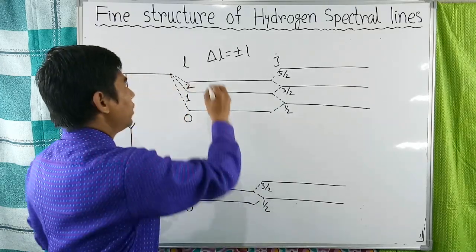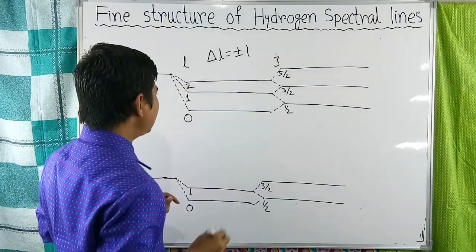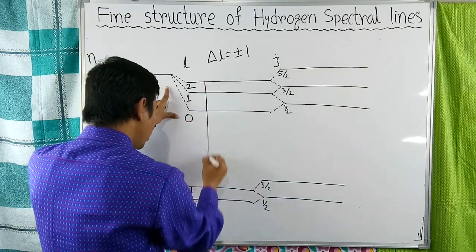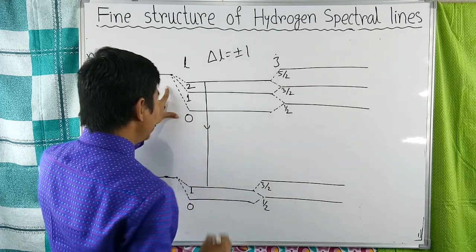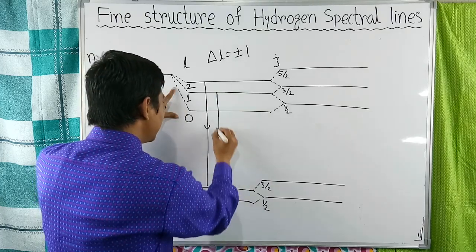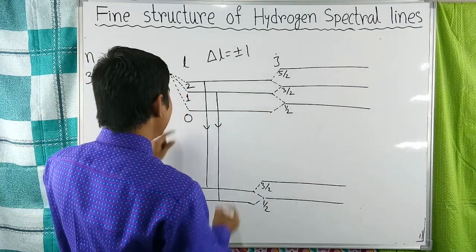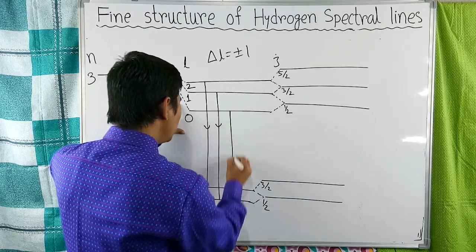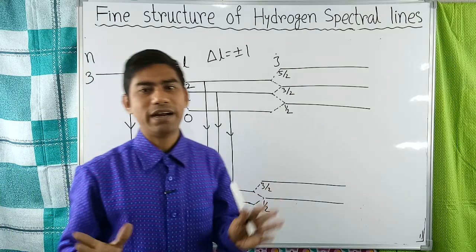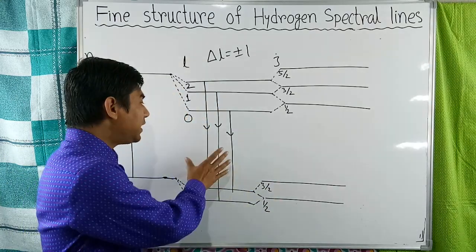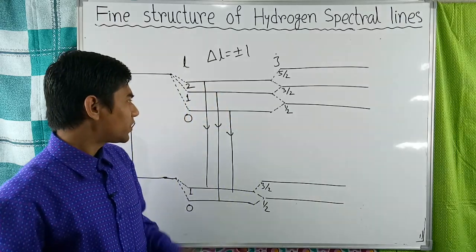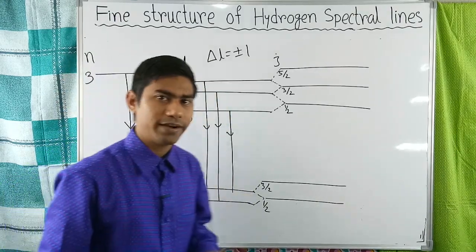Applying this selection rule, a transition occurs from the L equals 2 level to the L equals 1 level. The transition from the L equals 1 level to the L equals 0 level gives a spectral line, and the transition from the L equals 0 level to the L equals 1 level also gives rise to a spectral line. So three allowed transitions are possible here.